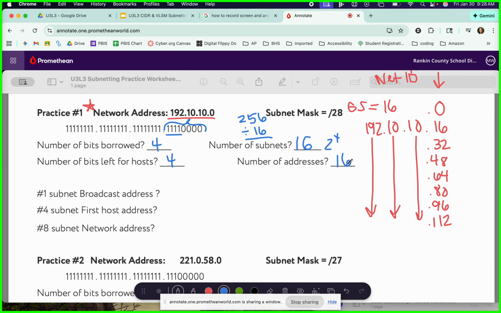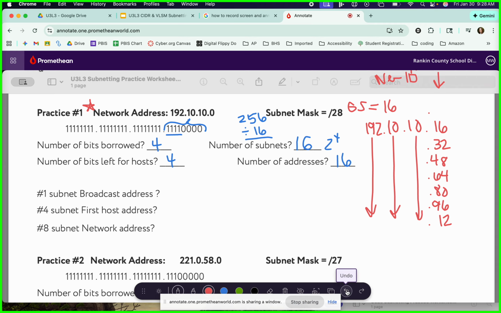Now over here, we only have the first 8 listed because that's where we're stopping. But there would be 16 total networks. I'm just leaving them off for the sake of time.